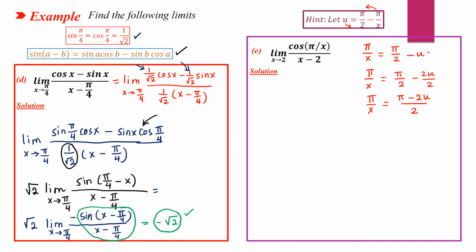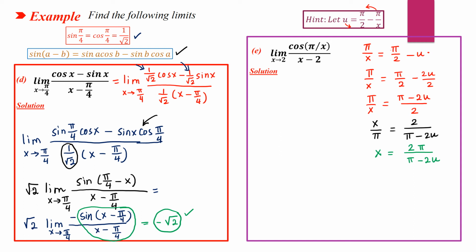Now flip both sides, you will get x over pi equals 2 over pi minus 2u, and multiply both sides by pi, you will get x equals 2 pi over pi minus 2u. So this is x.